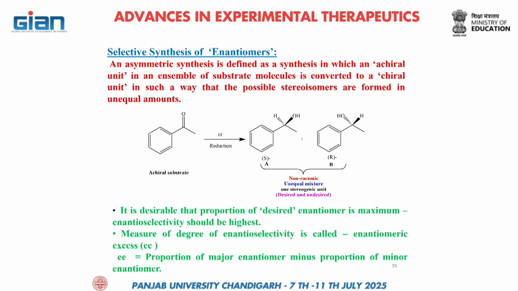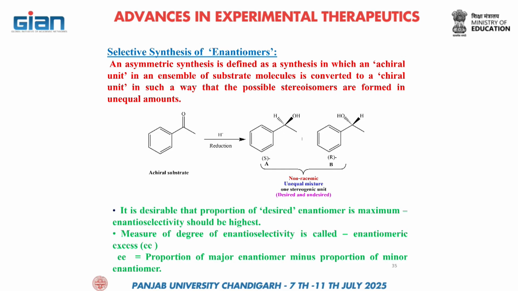It is the synthesis in which an achiral unit, which is the ensemble of your substrate molecule, is converted into a chiral unit in such a way that the possible stereoisomers are formed in unequal amounts. So this is your asymmetry.